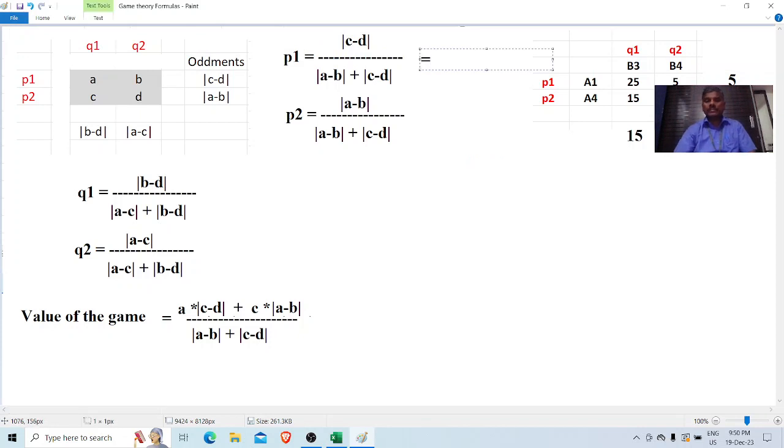So P1 equals modulus of C minus D, which is 5, divided by modulus of A minus B plus modulus of C minus D. A minus B is 20, C minus D is 5. So 20 plus 5 is 25, and 5 by 25 is 1 by 5.